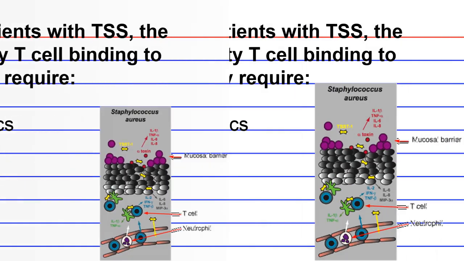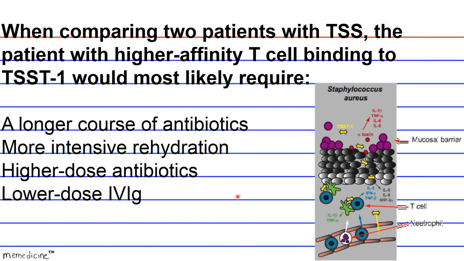All right. Okay, so the patient in question has obviously a more pronounced response to TSST1. Antibiotics eliminate the causative pathogen, but they don't always ameliorate the toxin-mediated processes that have occurred. Nowhere in the passage does it mention that a higher dose or a lower dose IVIG provide a really good therapeutic option.